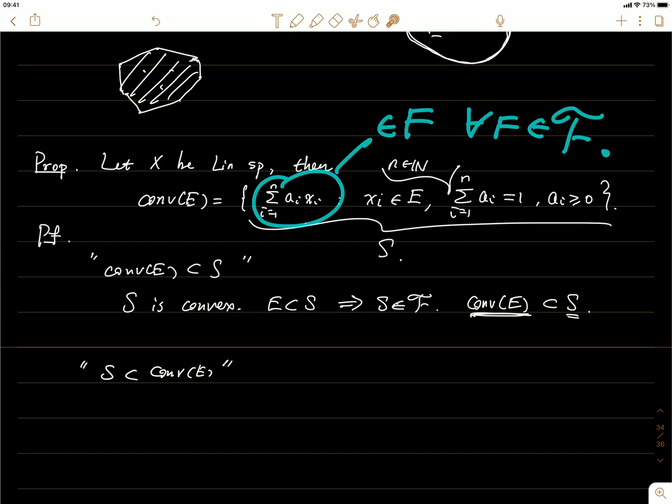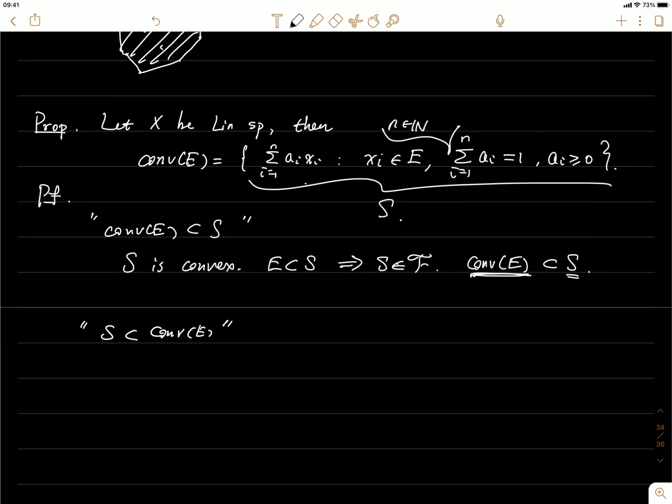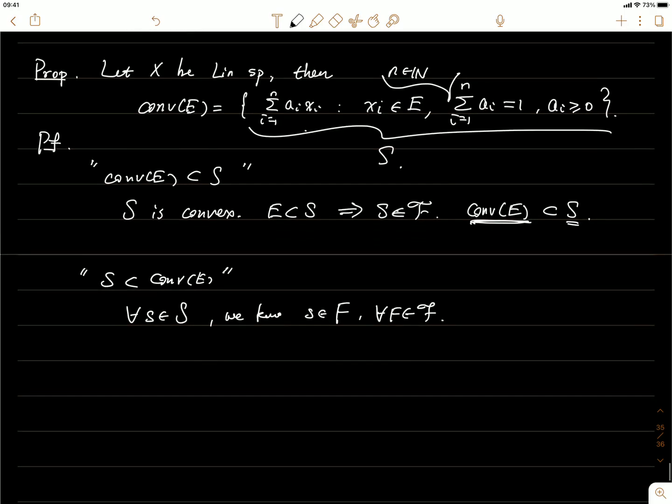Okay, for any point in S, I show that it is contained in F. So let's say for any point in S, we know S belongs to F for any F in the family, and this means that S is actually contained in F for any F inside the family.